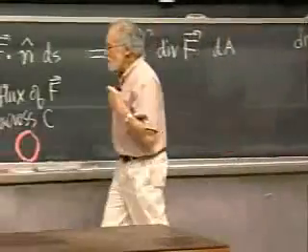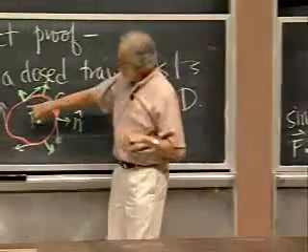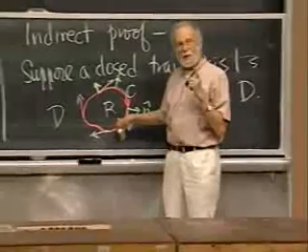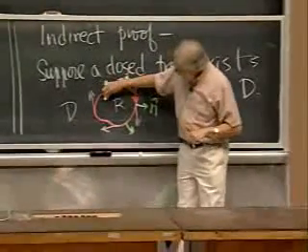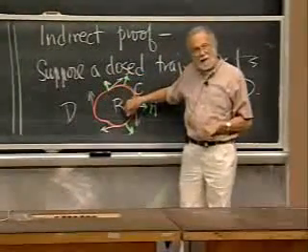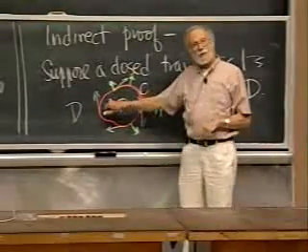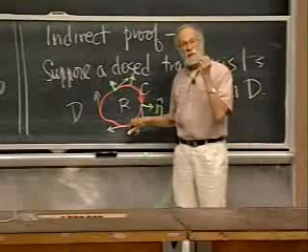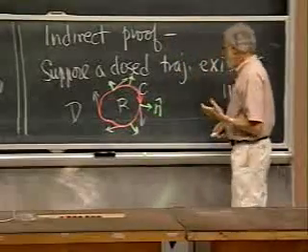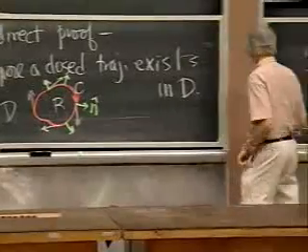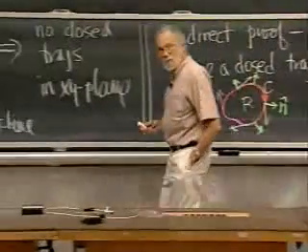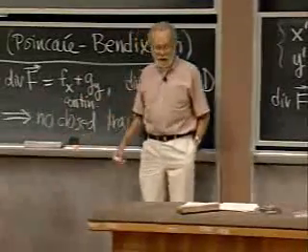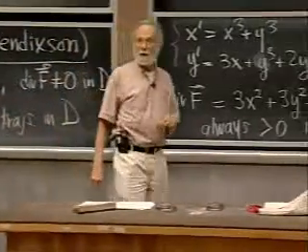Why not? In other words, it's not possible that the divergence here is 1 and here is -2. That's not possible, because if I drew a line from this point to that, along that line the divergence would start positive and end up negative, and therefore have to be 0 sometime in between. It's a continuous function, I'm assuming that, and therefore if it's sometimes positive and sometimes negative, it has to be 0 in between.